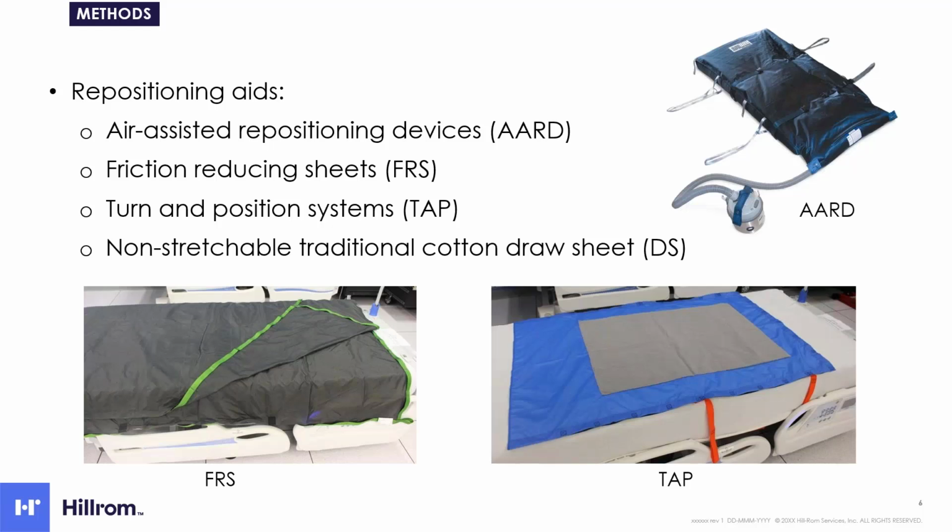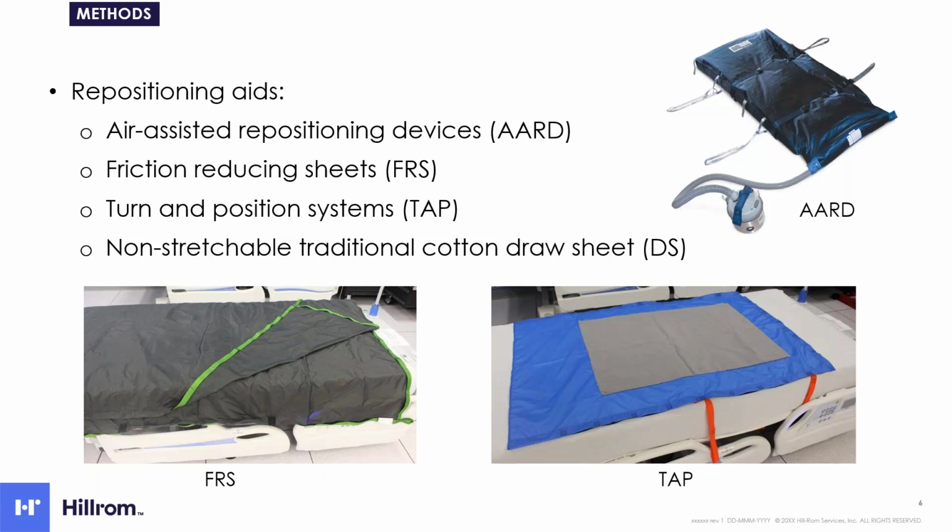4 different types of repositioning aids were tested in our current study. So the first type is the air-assisted repositioning device, or AARD. It's like an air mattress, so it needs to be connected to a blower and inflated under the patient.